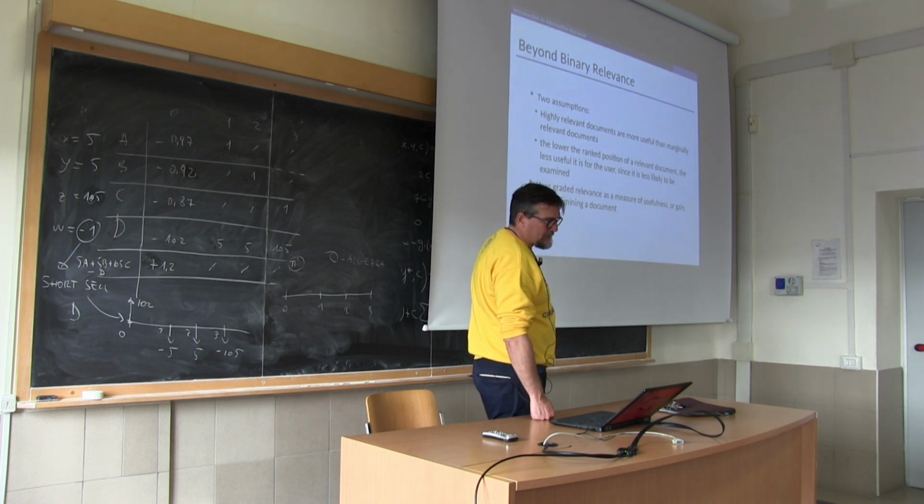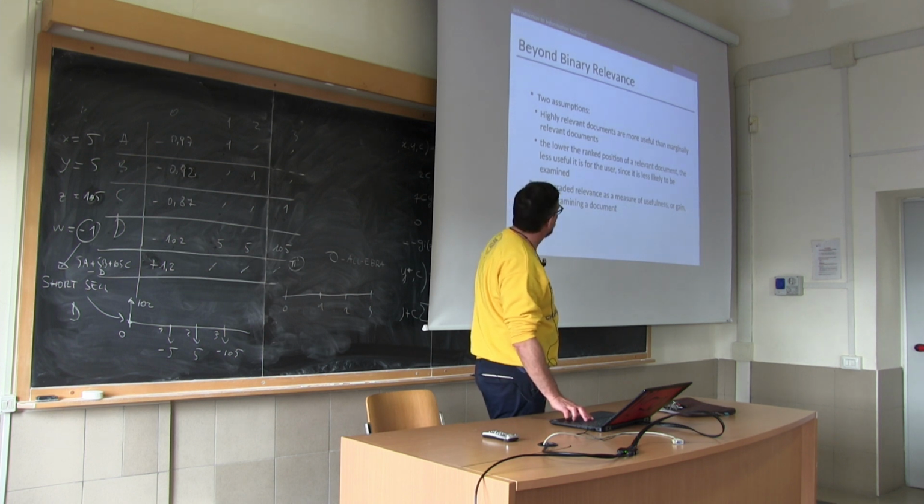In general, the lower the ranked position of a relevant document, the less useful is the document for the user. But again, don't forget that now, instead of having 0 and 1, relevant or not relevant, we have a value telling you the evaluation of the relevance of a document by the judges that are providing you the ground truth.